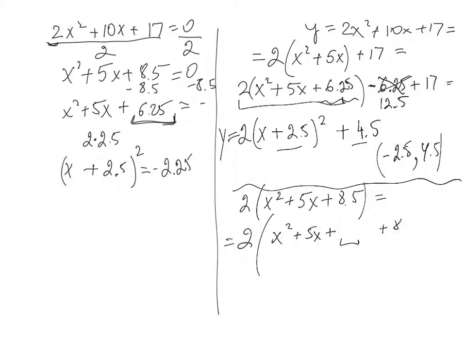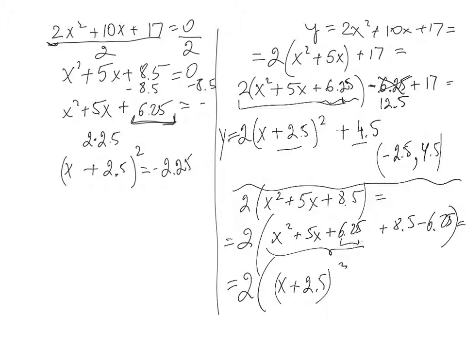I still have 8.5, and I need to subtract what I added before, which is, as you know, 6.25, minus 6.25. Then inside the parentheses, I have x plus 2.5 squared, which is my trinomial, and a little extra, which is 2.25 again. But this 2.25 is inside the parentheses.